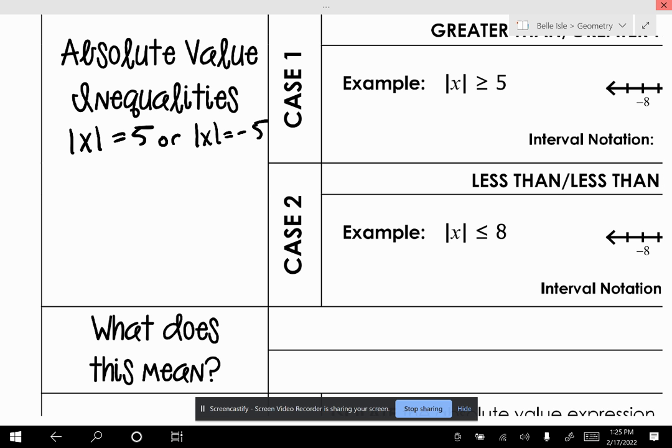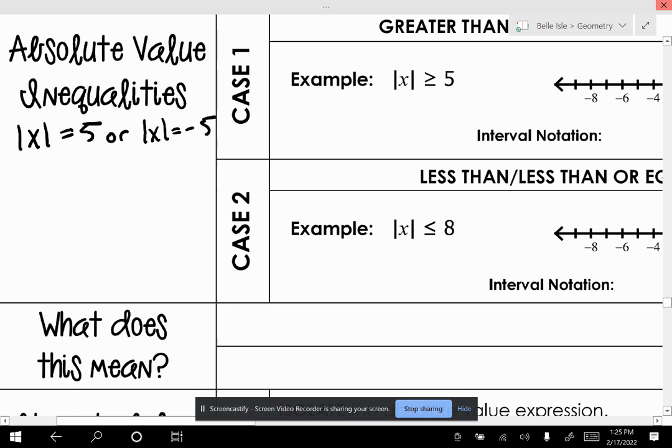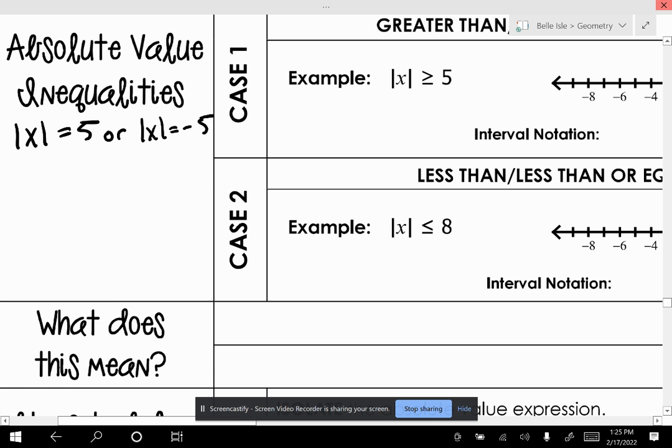Okay, so we're doing the same thing with these inequalities. Again, just a slight difference. We have the absolute value of x is greater than or equal to 5, or the absolute value of x is, what do we think we're going to do with the sign right here? We are going to flip it.